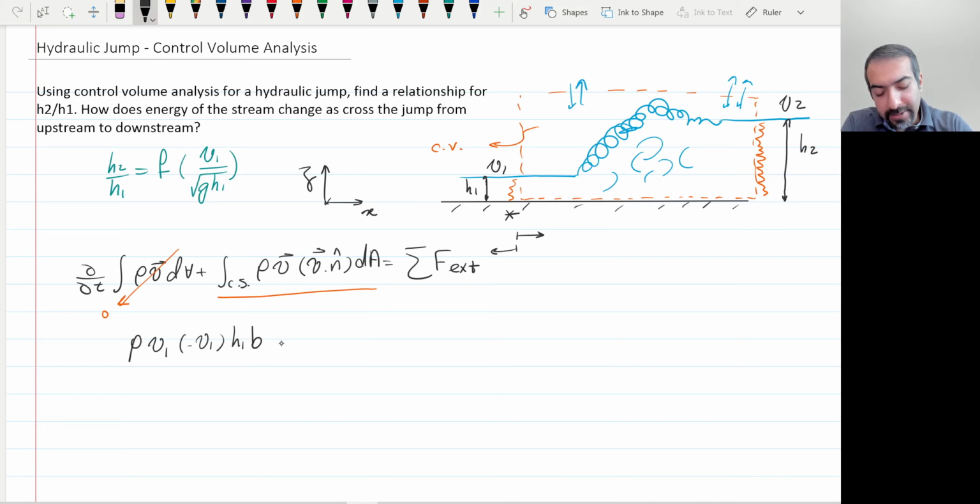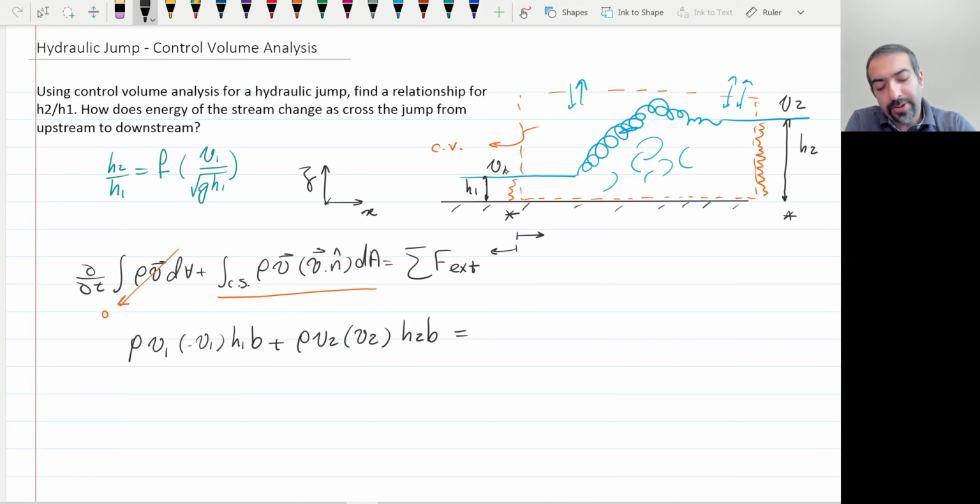All right, so this is one term, and then the second term is for the outlet, and that's going to be rho v2, and v2 dot n gives us a positive v2, and dA is h2 times b, so that's the net momentum flux in and out, and then this has to be equal to the sum of the forces.